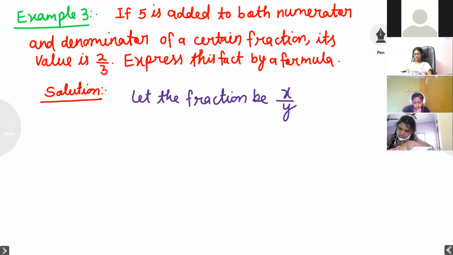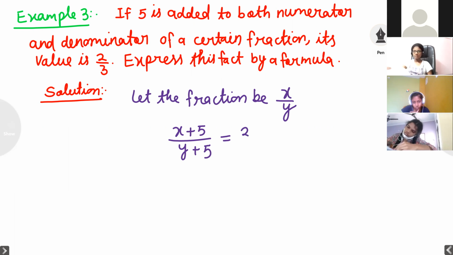If 5 is added to both numerator and denominator, and its value is 2 by 3, it is simple: x plus 5 by y plus 5 is equal to 2 by 3. This is our formula.